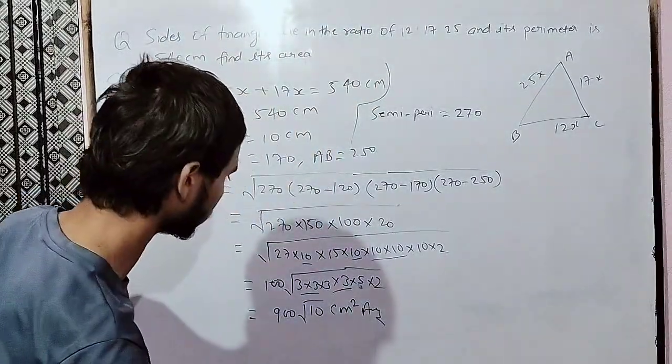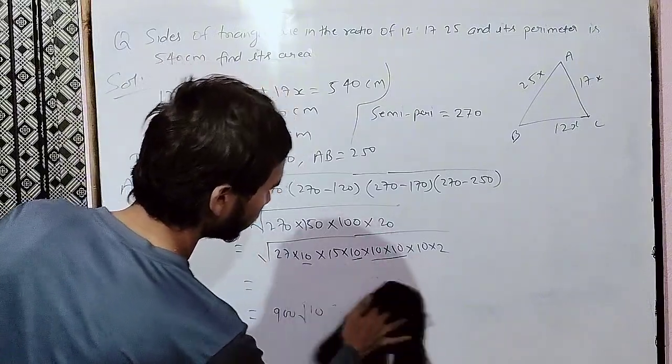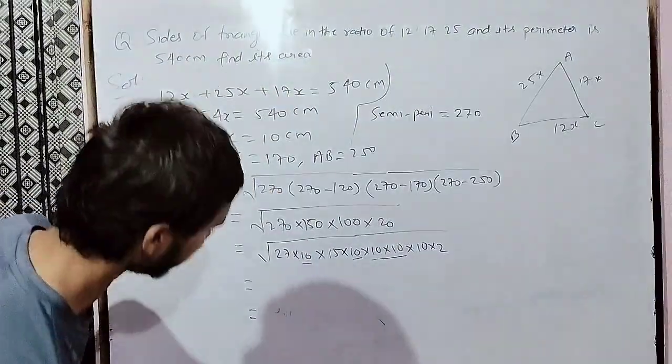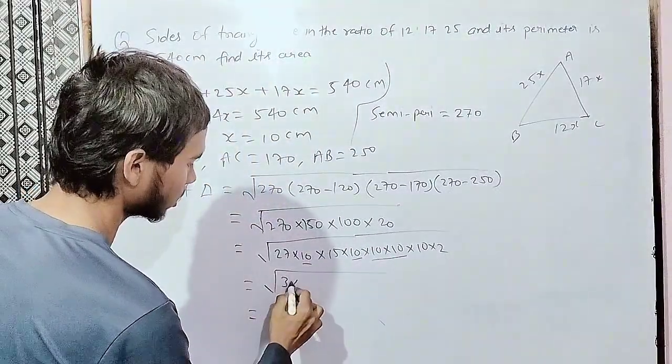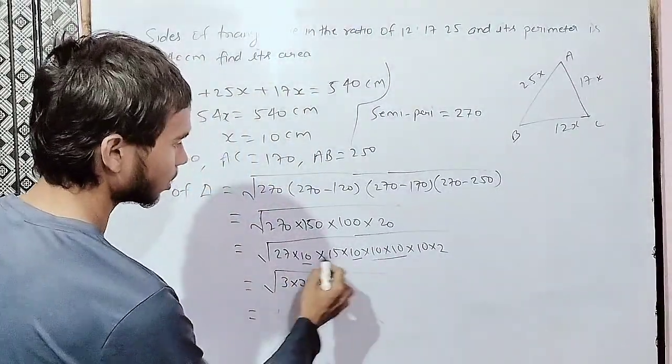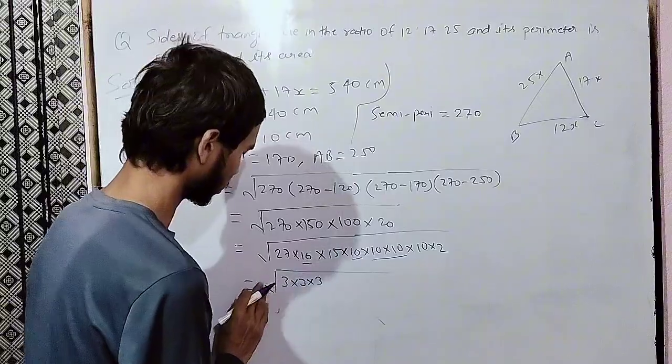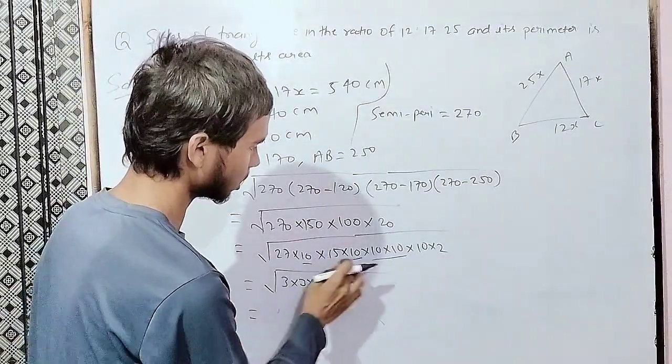Here I did wrong, you can see clearly. How? 27 is 3, 3, 3. Now 10, okay, it is correct. So here, this 10, this 10.